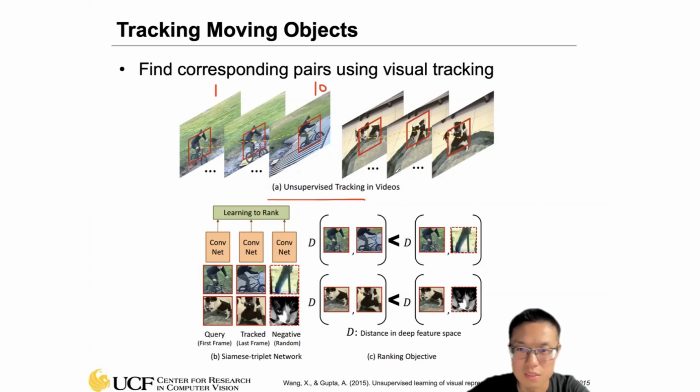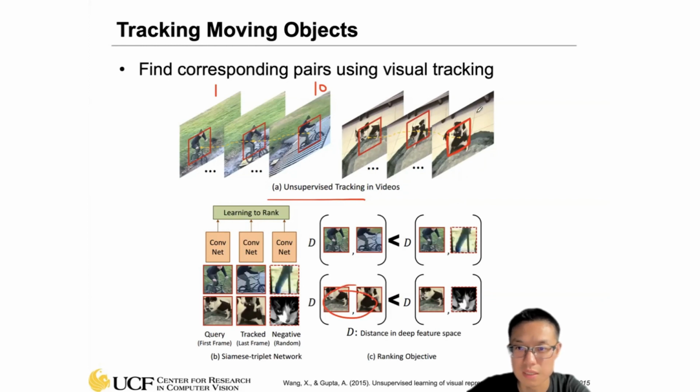If we do this in the same video, we can do it similarly. The first frame of the tracked patch, compared with a randomly selected patch of the same video, should be much larger in distance. Because we are doing object tracking, the tracked patches should contain the same object, the dog.